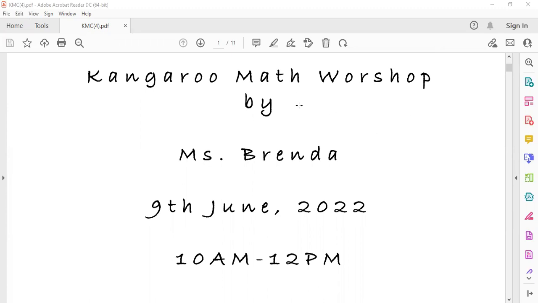Before I actually explain the answers to the questions, let me explain to you the type of questions we have. Ecolia is the level taken by standard 3s and 4s in the Kangaroo Math competition. However, the Ecolia paper itself has 3 different types of questions.